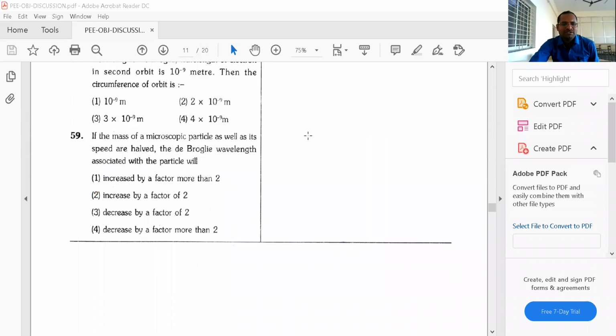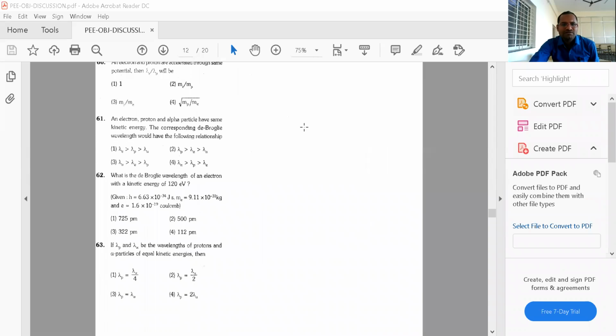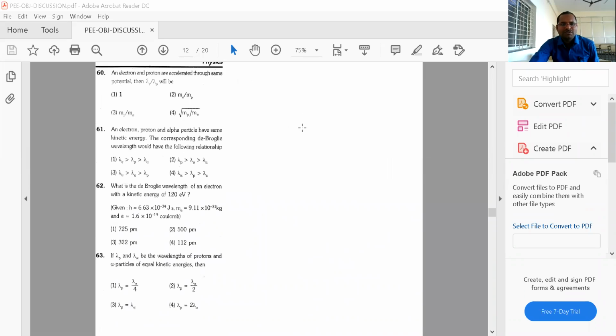Let us go to question number 60. An electron and a proton are accelerated through the same potential. Then what is lambda of electron to lambda of proton?